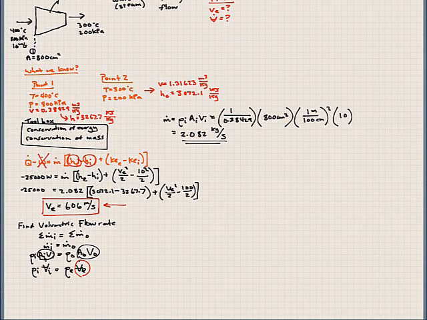So the density at the inlet we determined is 1 divided by 0.38429, which is 1 over the specific volume, times the volumetric flow rate at the inlet, which we can determine using our area, which is 800 centimeters squared, converted by 1 over 100 squared, times 10, which is our velocity at the inlet.